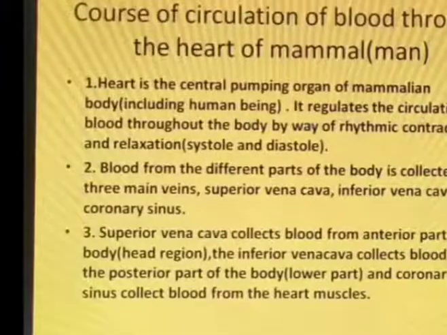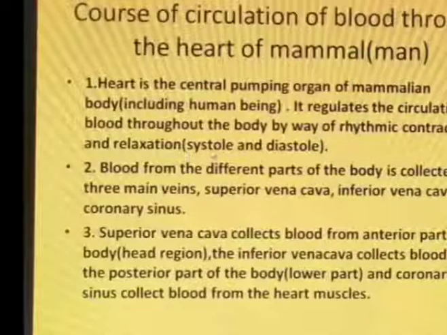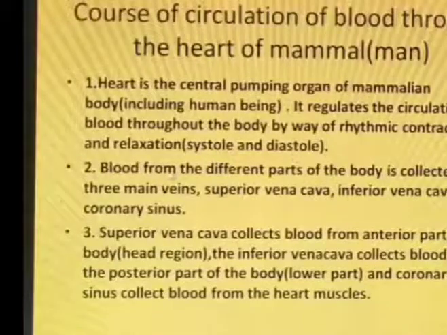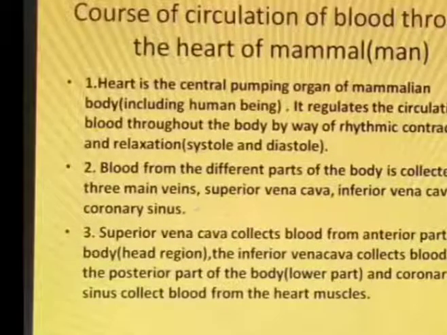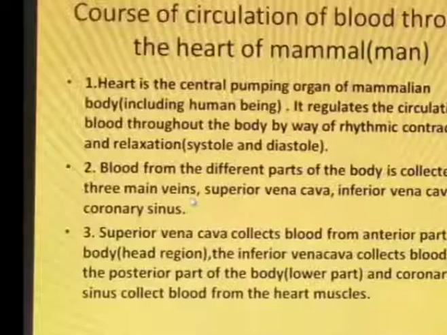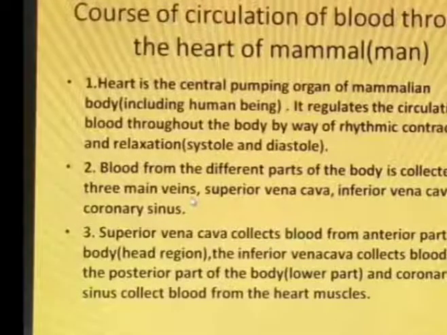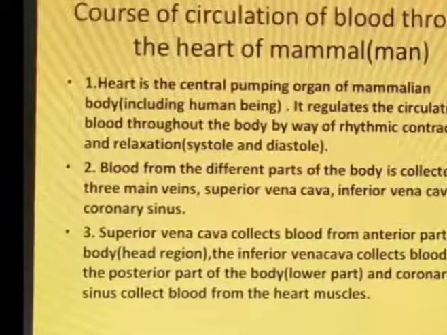It regulates the circulation of blood throughout the body by way of rhythmic contraction and relaxation, that is systole and diastole. So blood from different parts of the body is collected by three main veins, as I have already mentioned in the structural part.